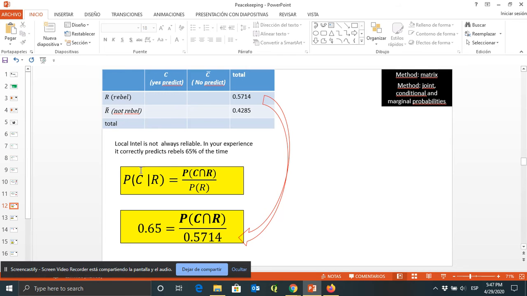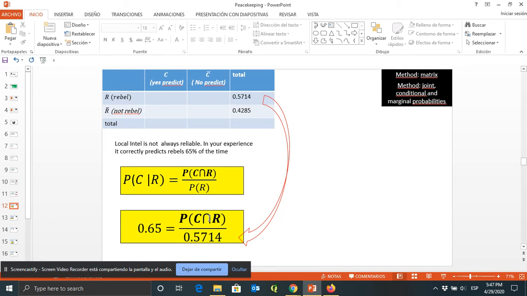We use the conditional probability that says the probability of C given R equals the joint probability of C and R over the marginal probability of R. Now the marginal probability of R is 0.5714, and the one we are using here is 0.65.